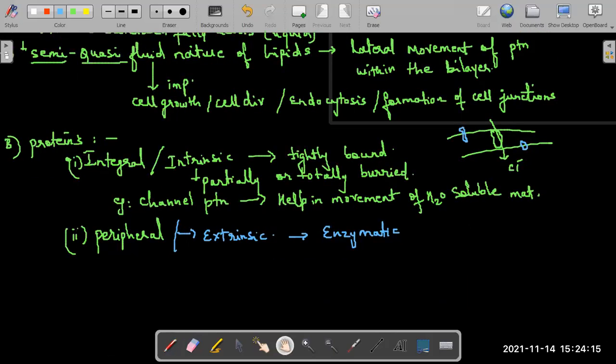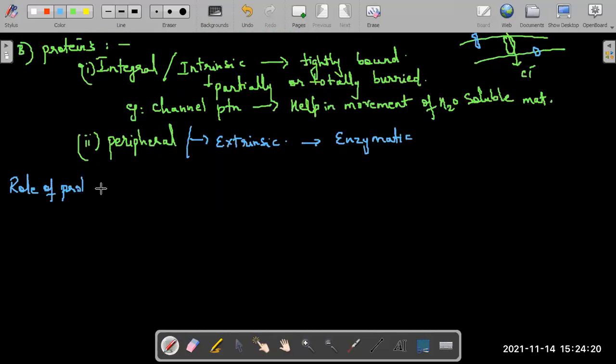Now coming to the role of proteins in transportation, in transport of molecules across the membrane. Based on that, we have active and passive transport.